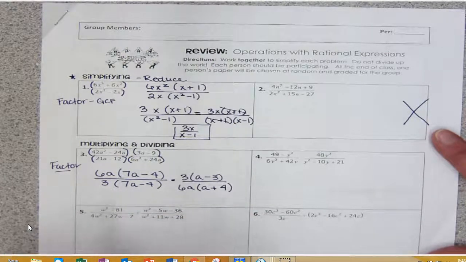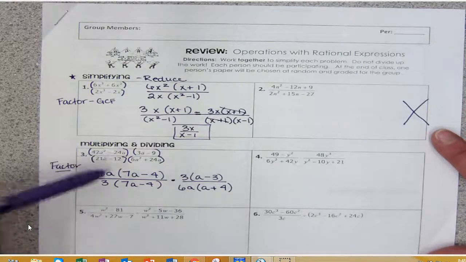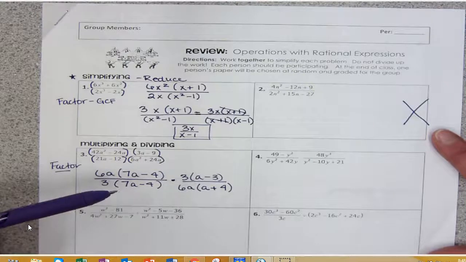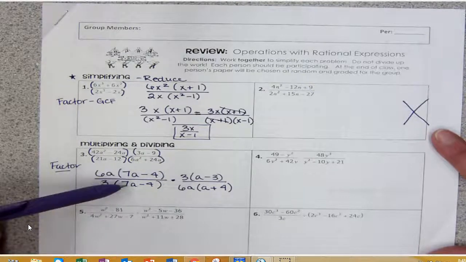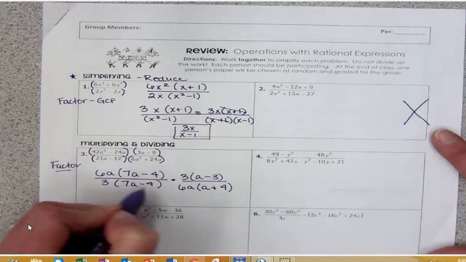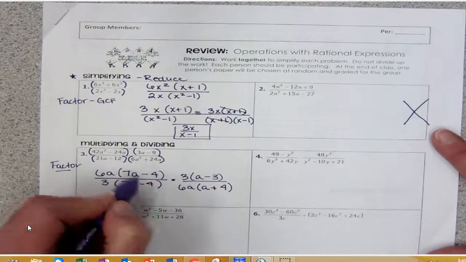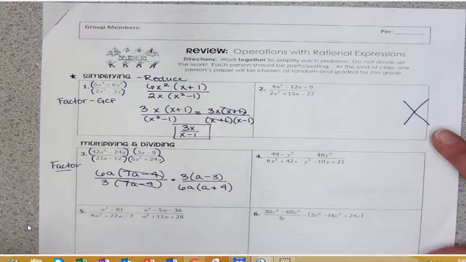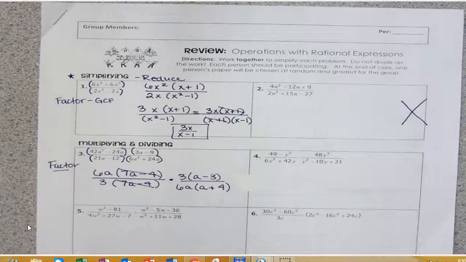So from here, I can start looking to see what cancels out. What would reduce or cancel? My binomials have to be exactly the same. So since 7a minus 4 divided by 7a minus 4 would equal 1, I can cancel those out because that would equal 1.